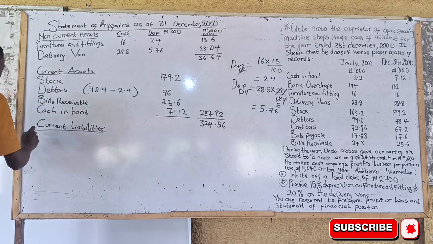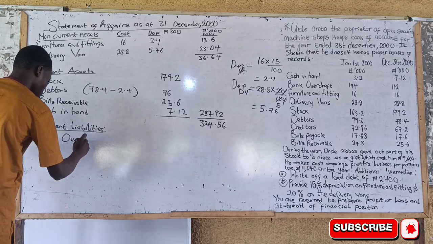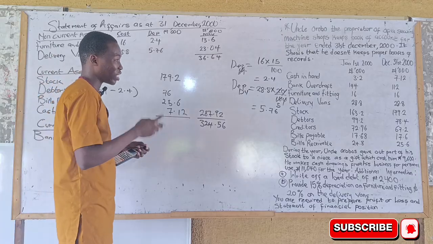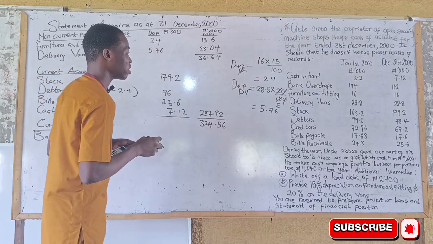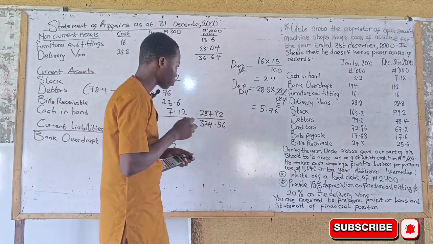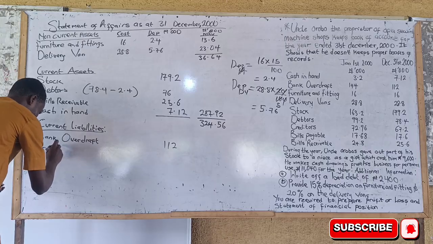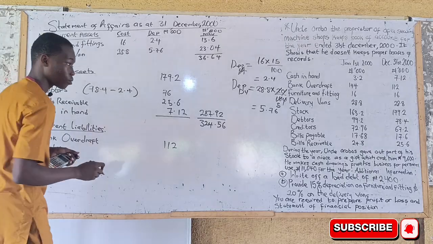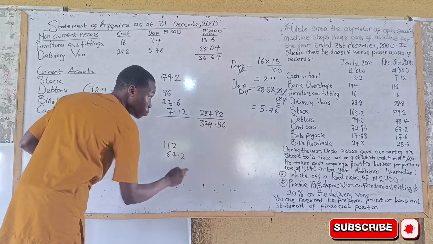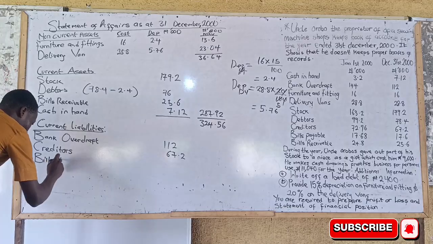For the current liabilities, we are starting with bank overdraft. For bank overdraft, as at the end, we have 112 naira. Then the next is creditors. At the end, that is 67.2. The last one, bills payable.